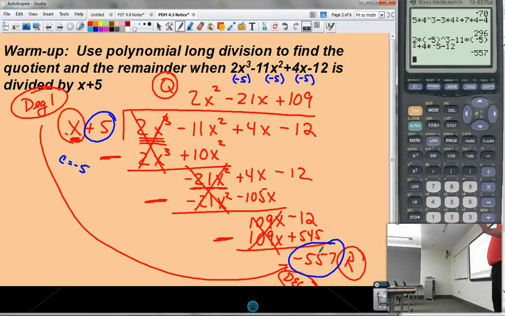The remainder theorem allows us to get that without having to go through all of this.